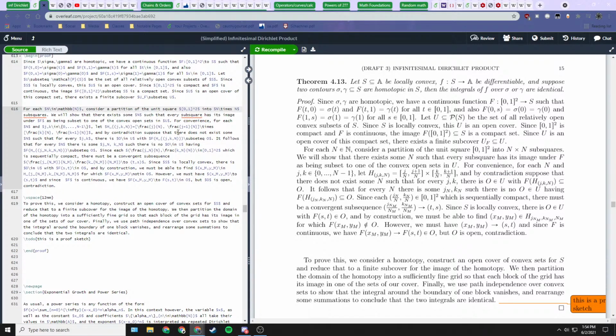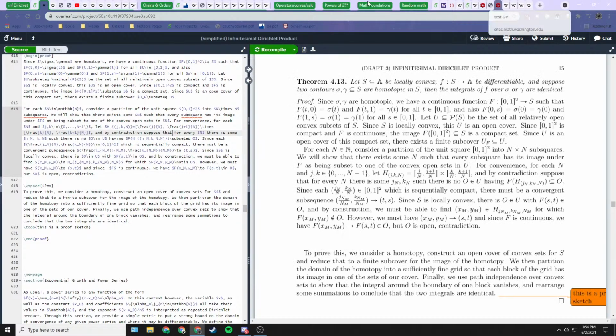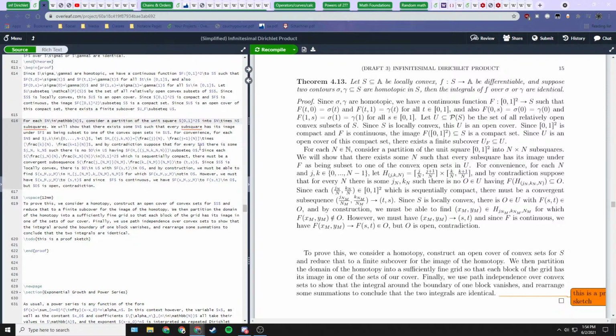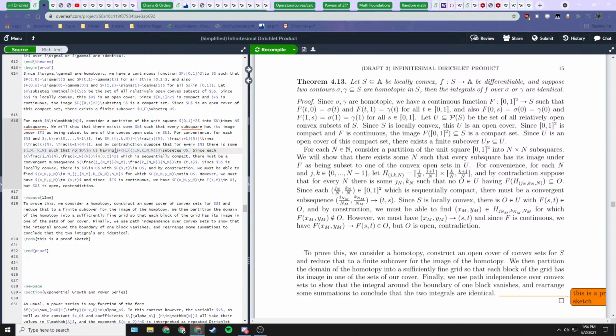So by contradiction, suppose that for every n there's some j_n, k_n such that no O in U, so no convex open neighborhood O in U, has this subset relation, so has the image of this specific tile.